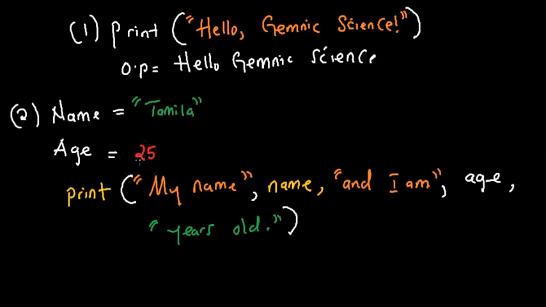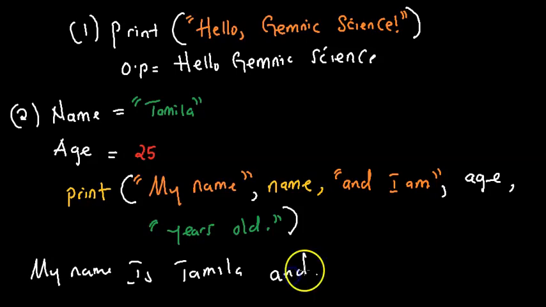And the outcome for this is going to be: my name is Tamila and I am 25 years old. So this is the outcome.